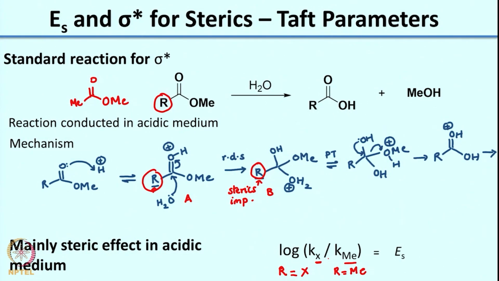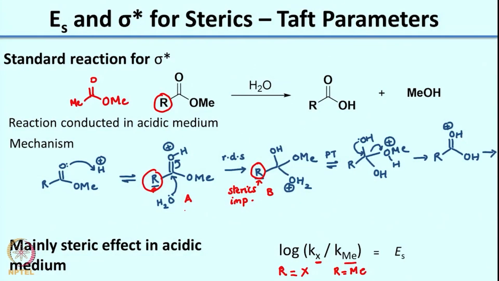So based on what you had studied earlier with sigma, if you have a group which is bulkier than Me, what would that do to your numerator here? So Kx, if you have a bulky group, will that be greater than or lower than Kme? I want you to think about this. So again let us look at the reaction.